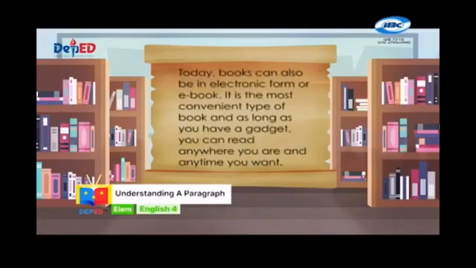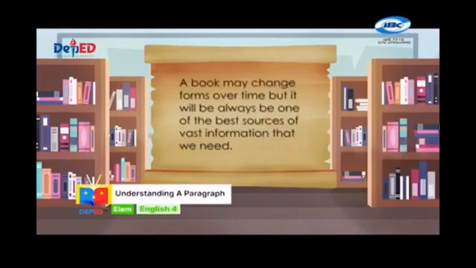Today, books can also be in electronic form or e-book. It is the most convenient type of book, and as long as you have a gadget, you can read anywhere you are and anytime you want. A book may change forms over time, but it will always be one of the best sources of vast information that we need.